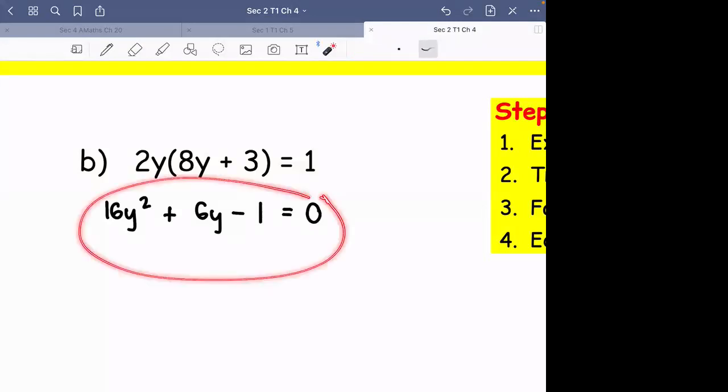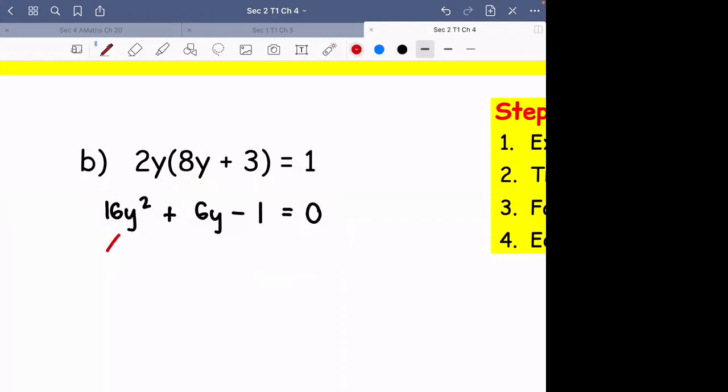What do we do to factorize this? This is by guess and check. So we have 16y; we can have 8y and 2y, maybe 16y and 1, but I believe this is the correct pair. And for 1, it's basically 1 and -1. Only just that.